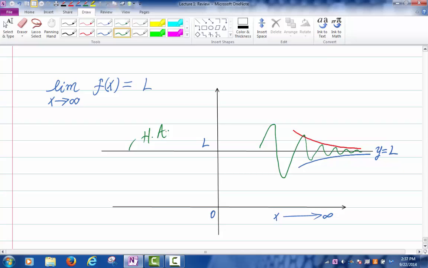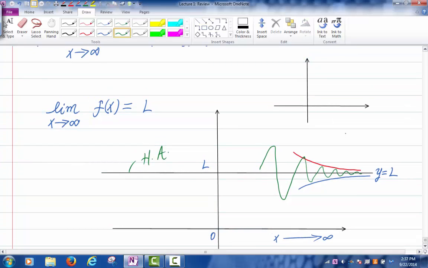If you have a vertical asymptote, the graph would not cross the vertical asymptote. Am I making sense? But even then I can do things like this. Okay, let me say something here about the vertical asymptotes. So, suppose I have a vertical asymptote.